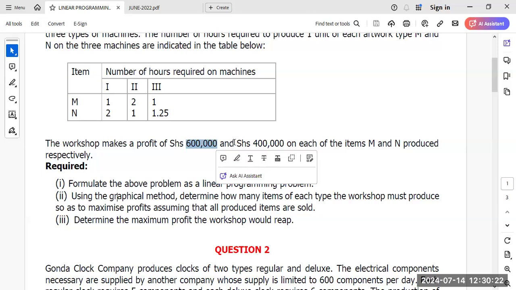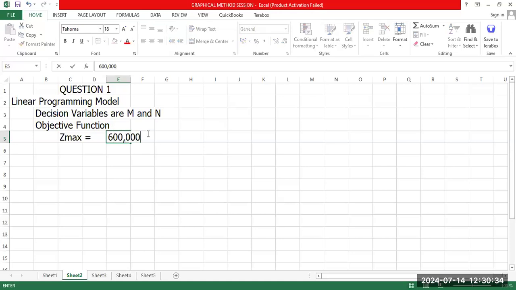So this 600 is corresponding to M, then 400 is corresponding to N. So this is 600 times M, because I don't know how many items of M I will produce, just that on every M I produce, there is a profit of 600,000. So I add, for N, how much? 400 N.